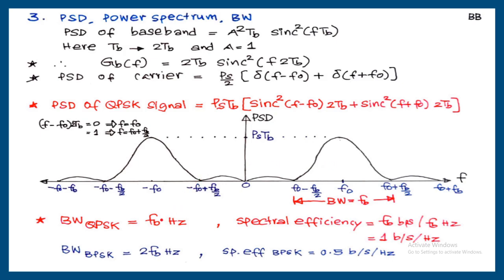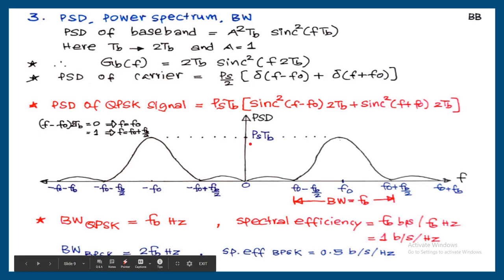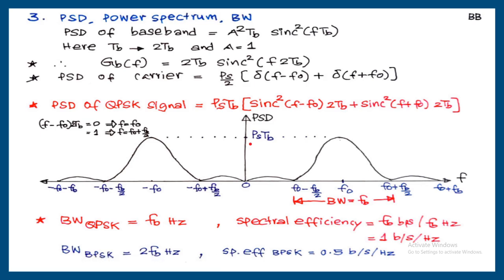For transmitting 1 megabits per second, we need 1 megahertz bandwidth using QPSK. But if you are using BPSK for transmitting 1 megabits per second, BPSK needs 2 megahertz bandwidth. BASK also needs 2 megahertz bandwidth and a BFSK needs 4 megahertz bandwidth. That is the advantage we are getting from QPSK modulation.